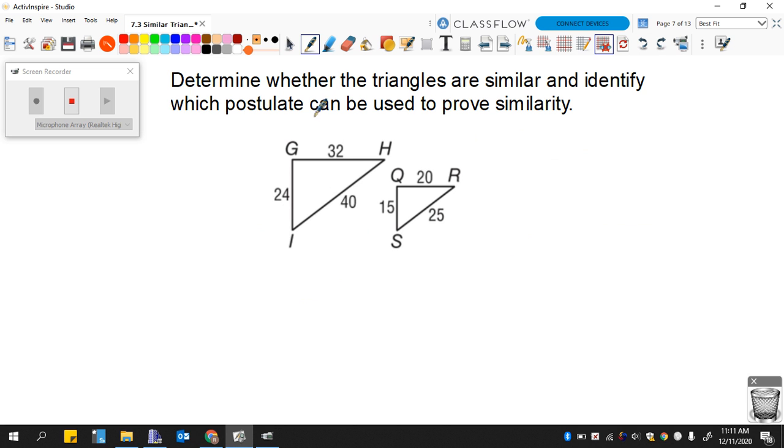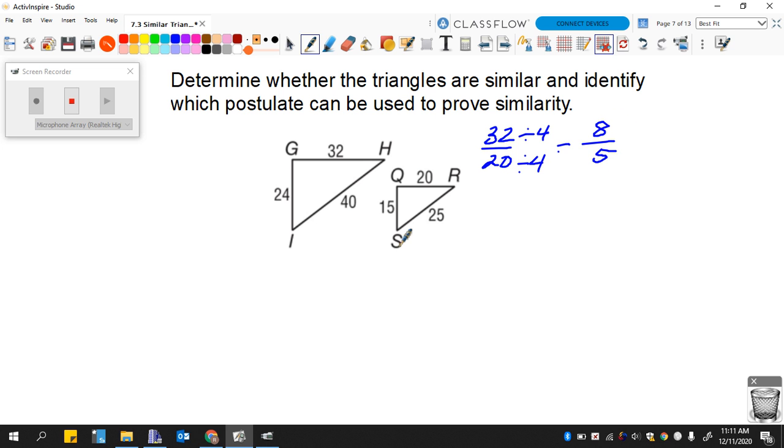This one obviously has all three sides that we're going to compare. If all three sides have the same proportion, or the same ratio, then it's going to be side-side-side. But we have to check to make sure that they're the same ratio. So we're going to do 32 over 20. 4 goes into that, so we divide by 4, and that would be 8 over 5.